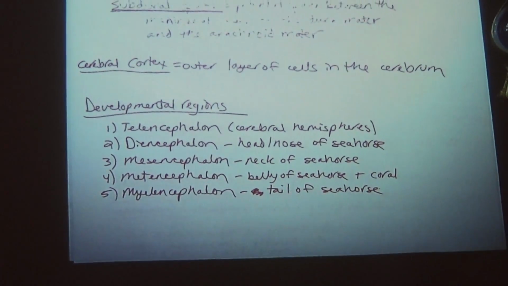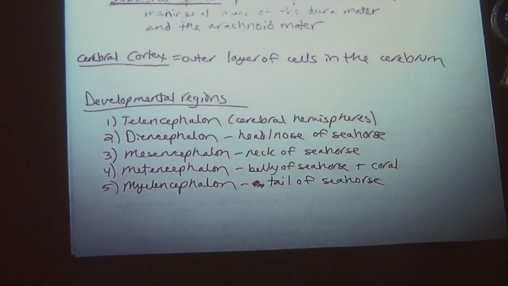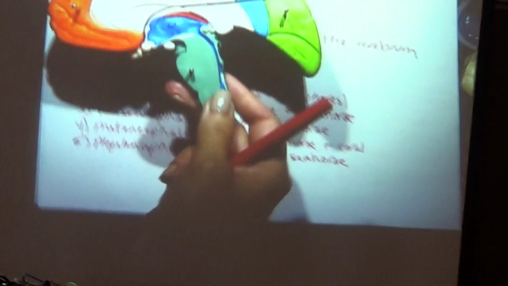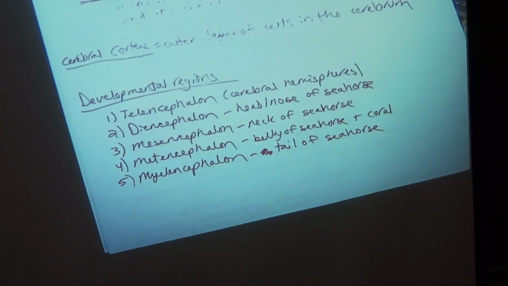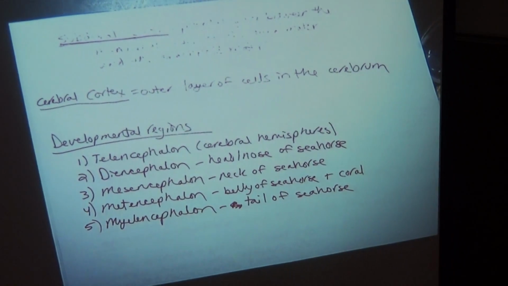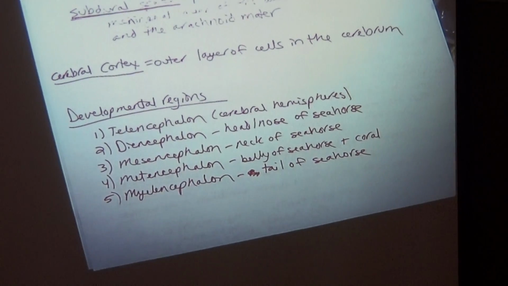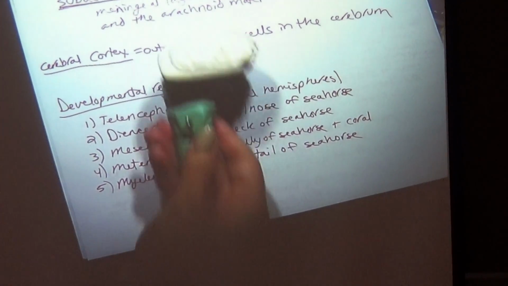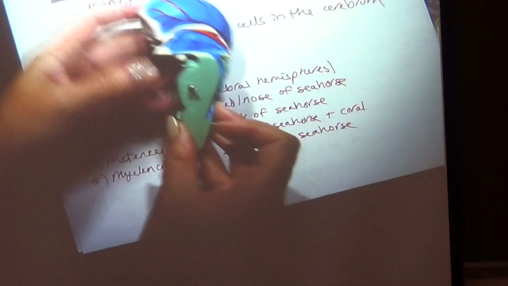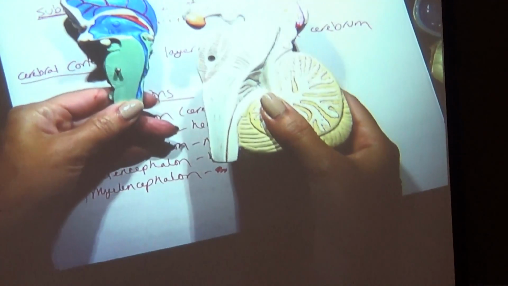On the smaller model, same thing. A little seahorse here. You can pull out this little seahorse here. So he's just like Big Brother.